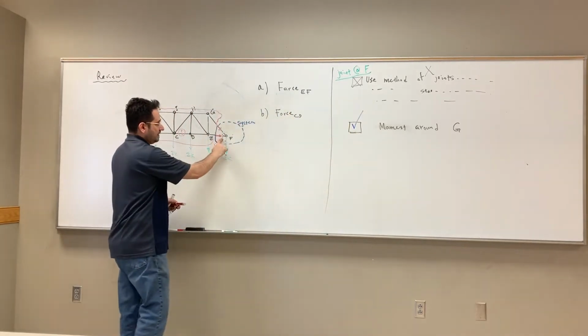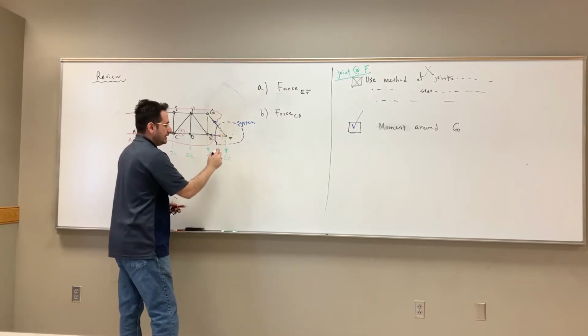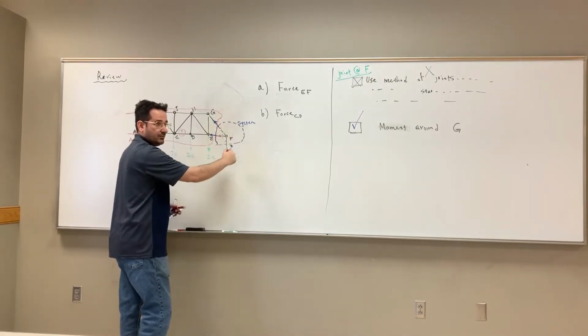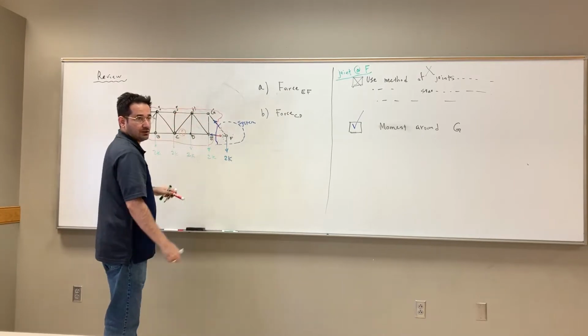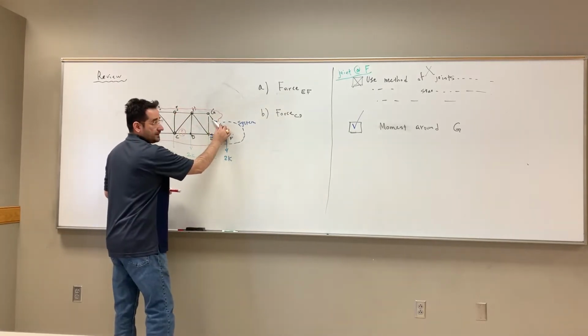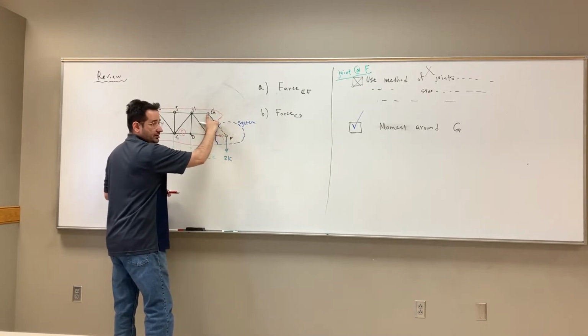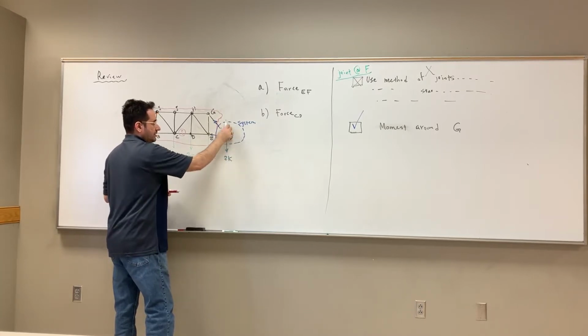If this is your system, then your FBD has an unknown here, and 1, 2k known here, right? That's your FBD for this system. What about moment about G? Let's start with this one. 0, this unknown times, let's say this one. Negative 2k times 1, so you get this one.